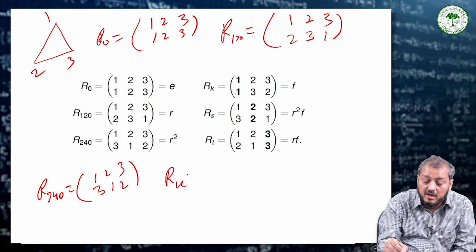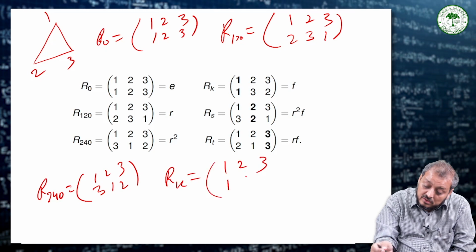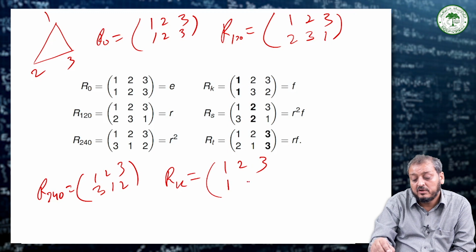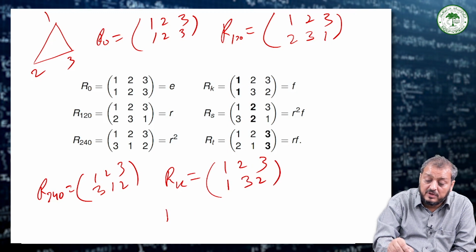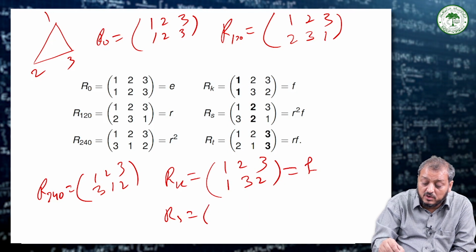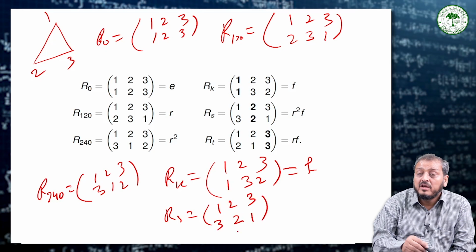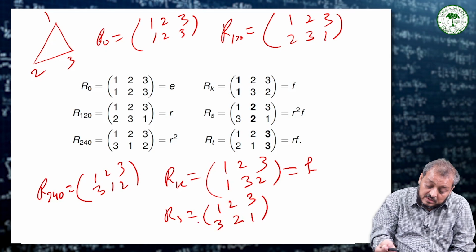And we have the reflection RK, which we denote as F: 1 2 3, fixing 1, and then reflecting 2 and 3. Then RS, which we also denote as F: 1 2 3 fixing 2, where 3 and 1 reflect each other.